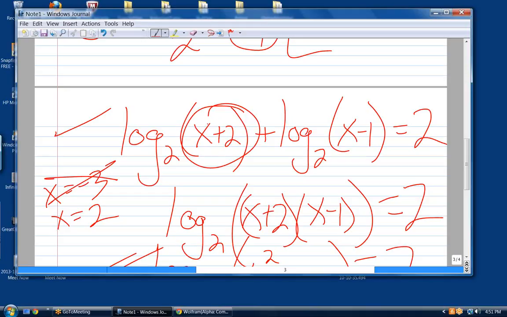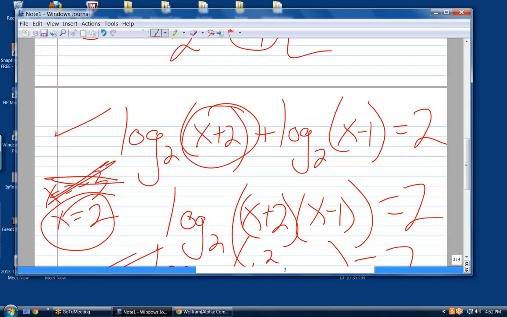It can't even be 0. I wouldn't even be able to have x be minus 2, let alone minus 3. But 2 works, because now I'm taking the log of 4 plus the log of 1. So whenever you're solving a logarithmic equation and you come up with 2 values, which you almost always do, just like a quadratic, always go back and check the domains, because almost always one of those is extraneous and has to be tossed out.